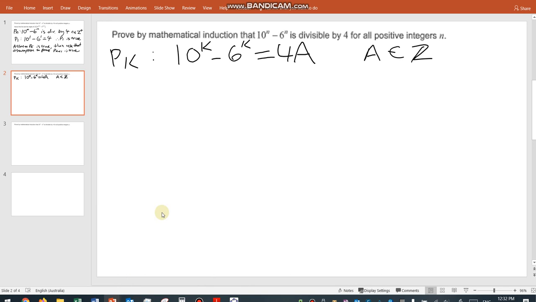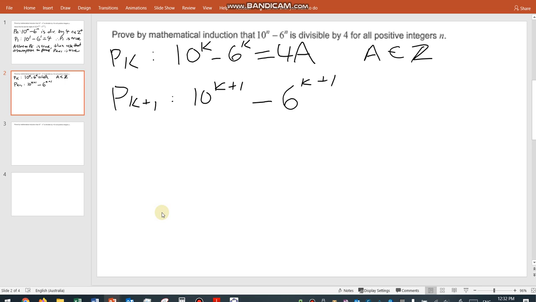All right, so now let's look at our P of k plus 1. When n equals k plus 1, we have 10 to the k plus 1 minus 6 to the k plus 1. So what can we do here?